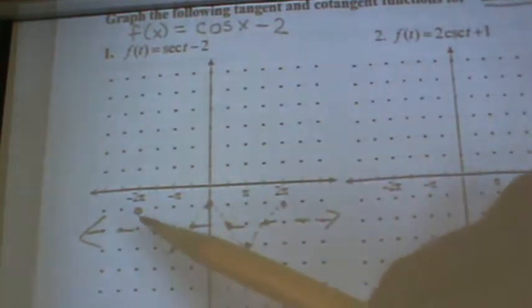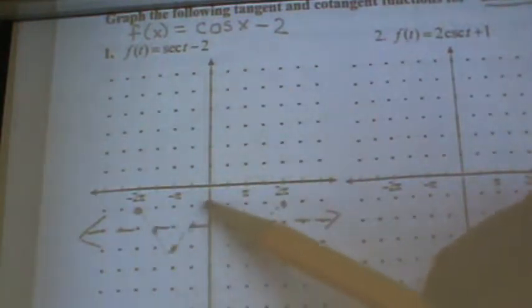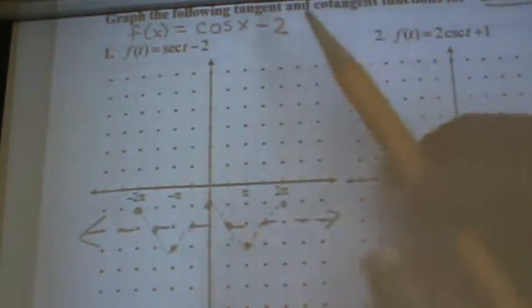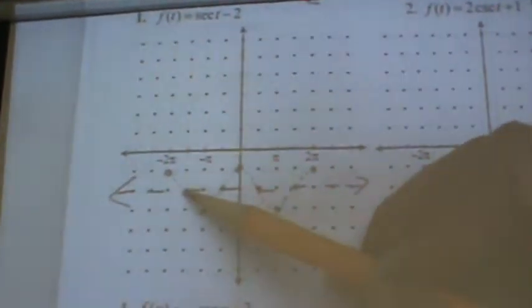So now, if you were to flip all of these points, what would you have? Well, the first thing that I do is I take my zeros, and I know that they're now asymptotes. So I make a broken line in between here, here, here.